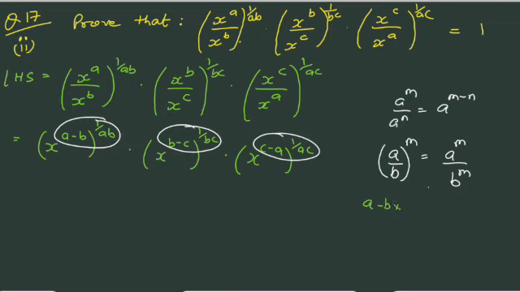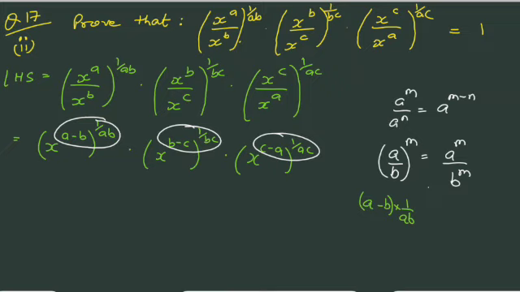A minus b multiplied by 1 upon ab. In all the three brackets, the multiplication is similar. A minus b in the numerator and ab in the denominator.